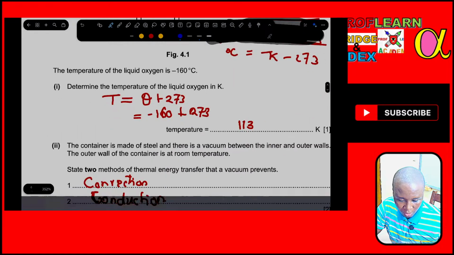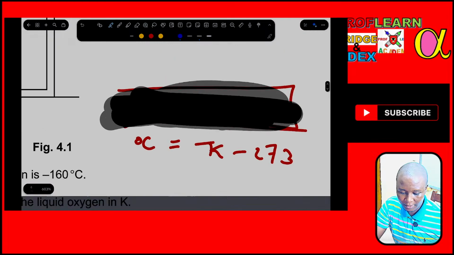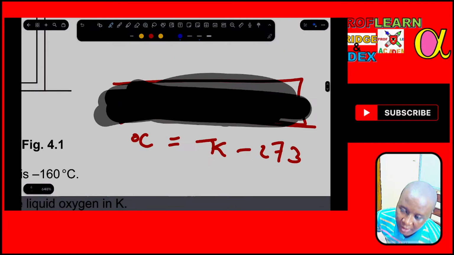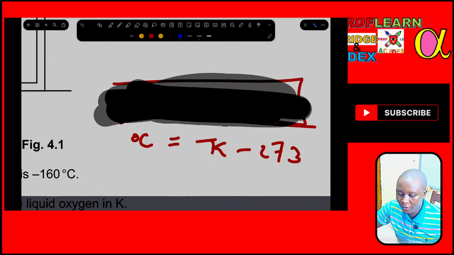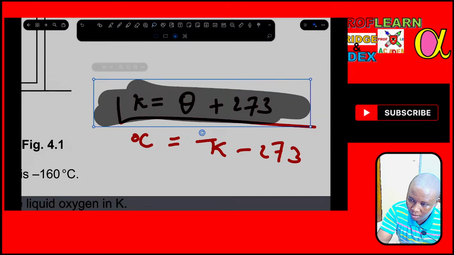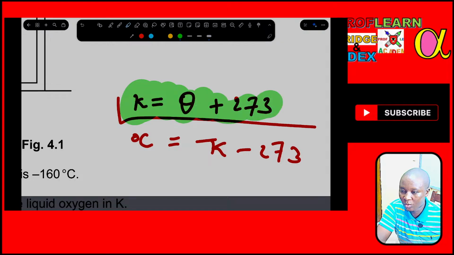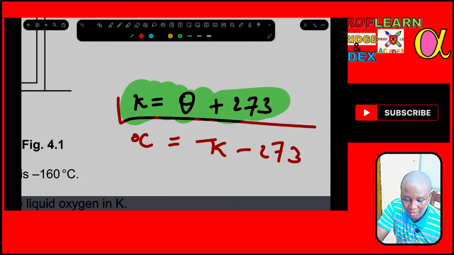Another area you need to understand is the concept of converting temperature from degrees Celsius to Kelvin, and also from Kelvin to degrees Celsius. If you are given temperature in degrees Celsius and you need to convert it to Kelvin, you take that temperature plus 273.